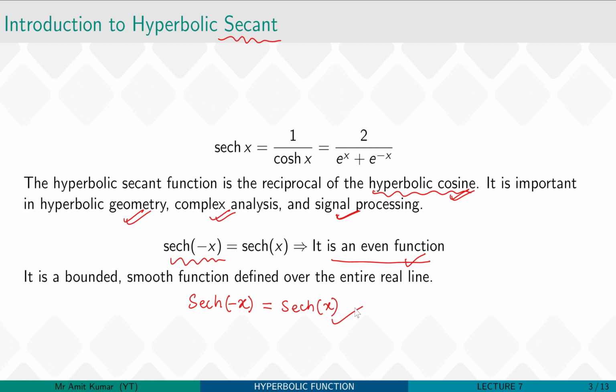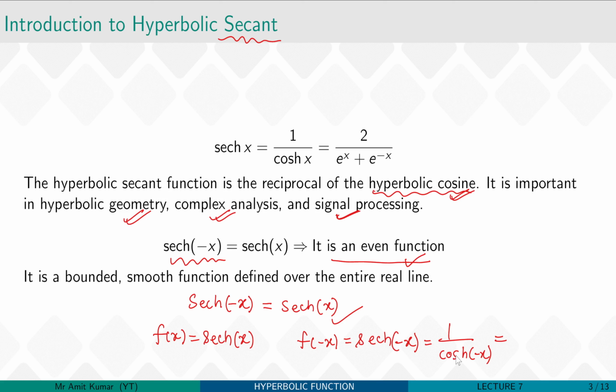This is very easy. Let f of x be equal to sech x. Now f of minus x is equal to sech of minus x, and this can be written as 1 by cosh of minus x.